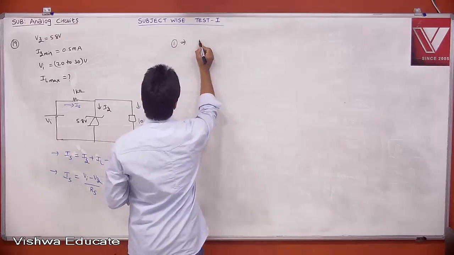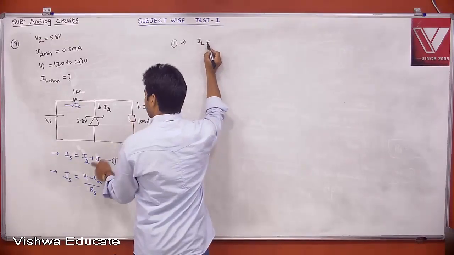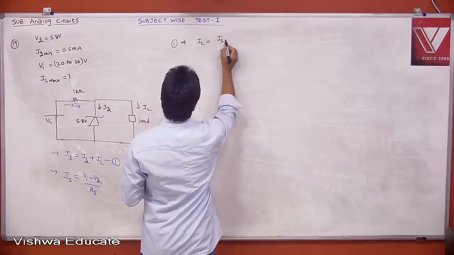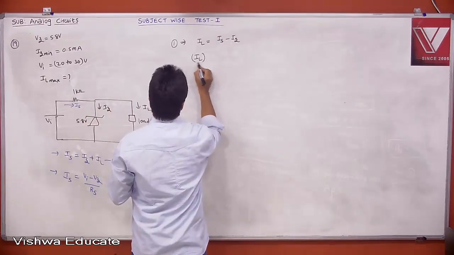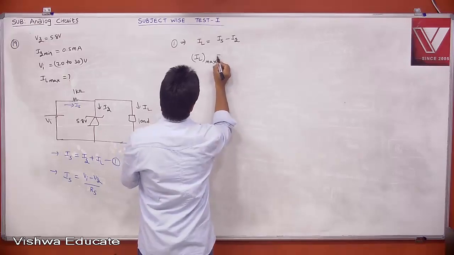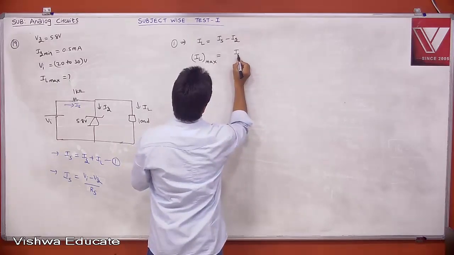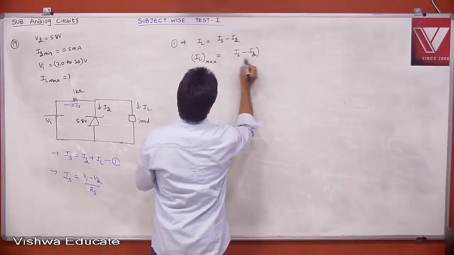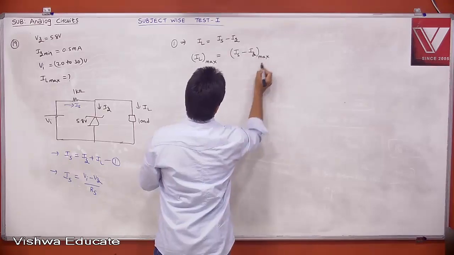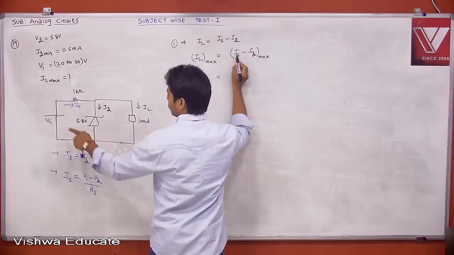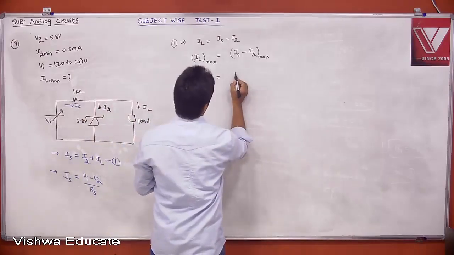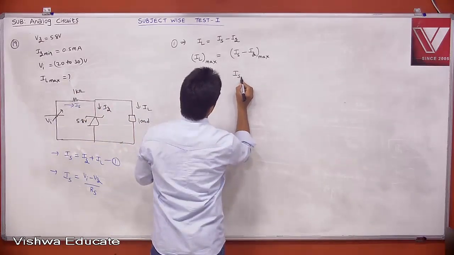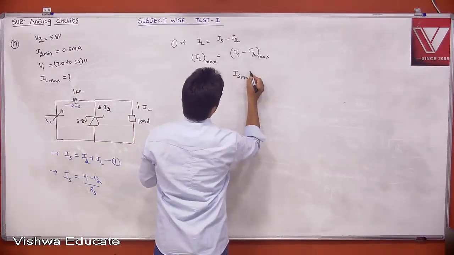You want IL, right? IL is equal to IS minus IZ. I want IL max, so it should be maximum. Then IS minus IZ should be maximum. Because your VI is variable, I want maximum IS, then only this will be maximum. IS max, and IZ should be minimum.